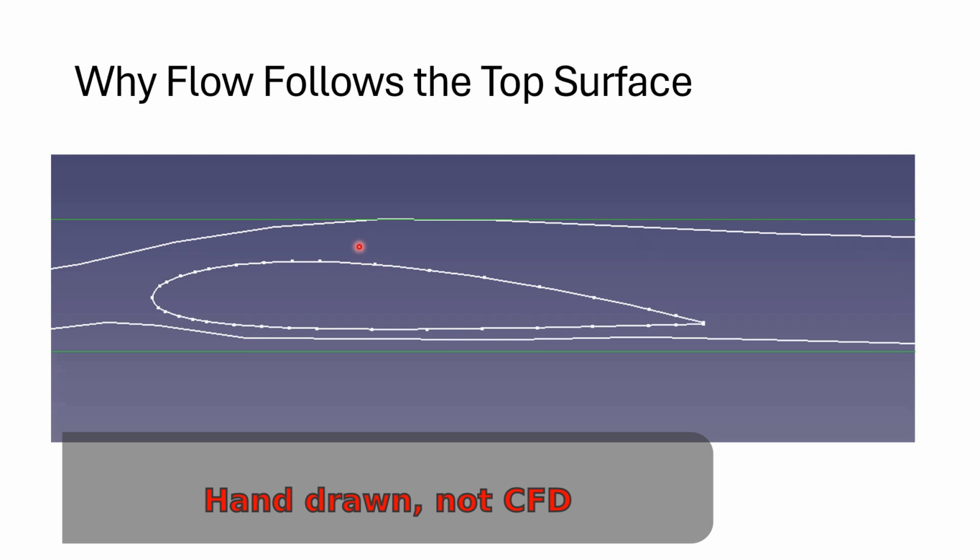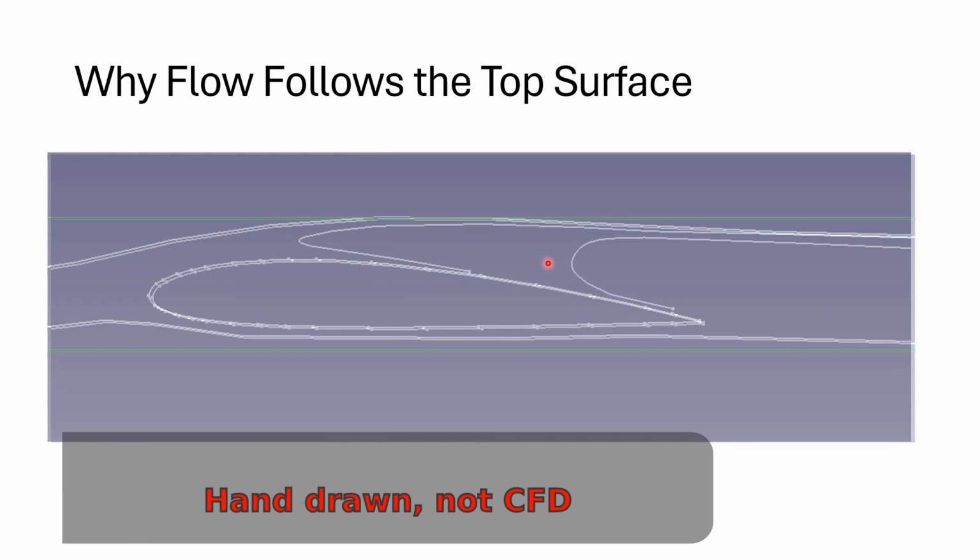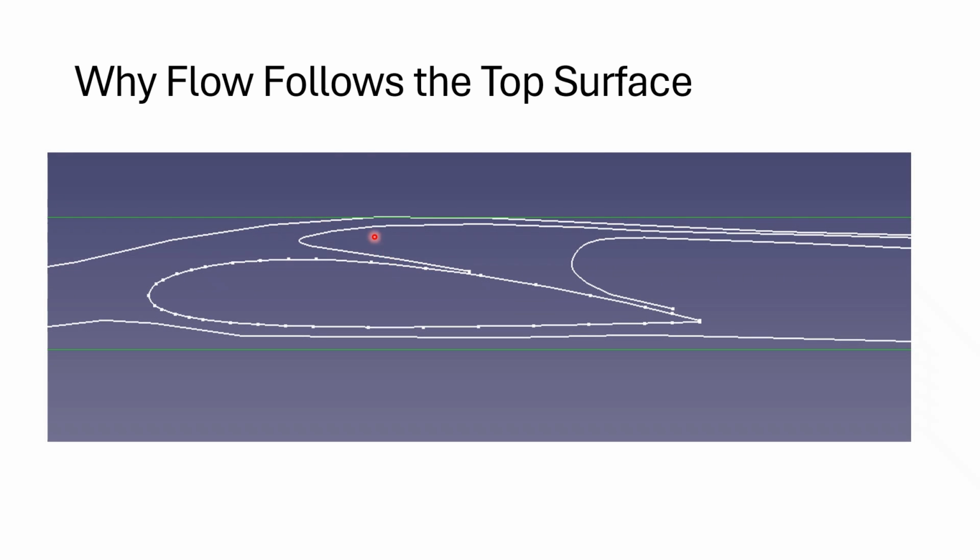But since air has viscosity, we tend to pick up the air in this space between the free flow and the foil and entrain it into the flow and drag it out of there. It tends to reduce the pressure in this space between the airfoil and the free flow.